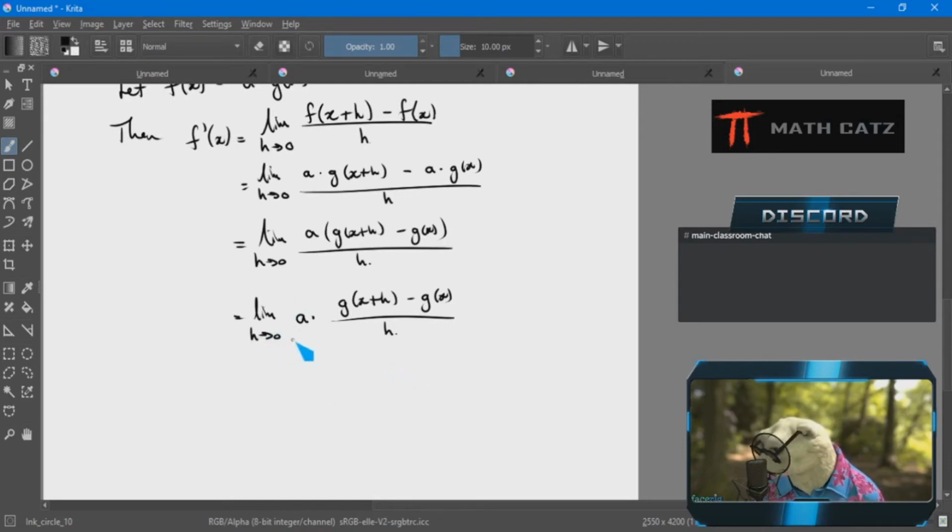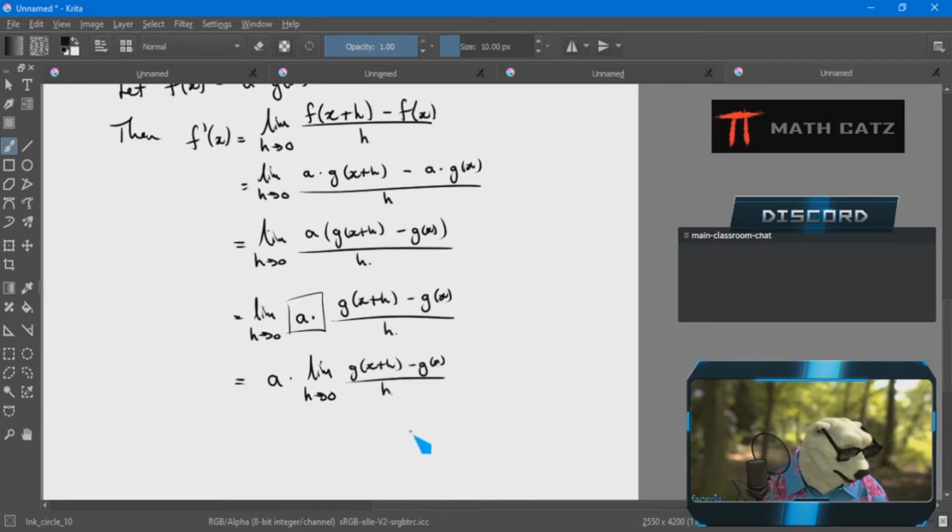But there are limit properties that say that if I have two things multiplied together and one of those things does not depend on the limit variable in question, then it can be taken out of the limit and multiplied after the fact. If you don't understand where this comes from, it's because we never did it.